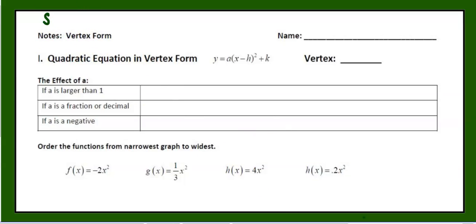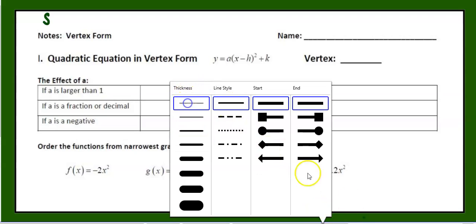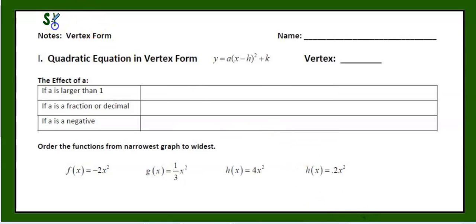Standard form looks like this: a times x squared plus b times x plus c. So we've been doing that, where we can use this in the quadratic formula. We have an a value, a b value, a c value.